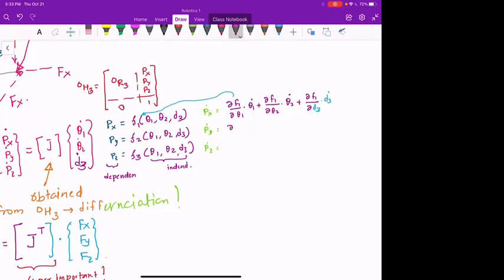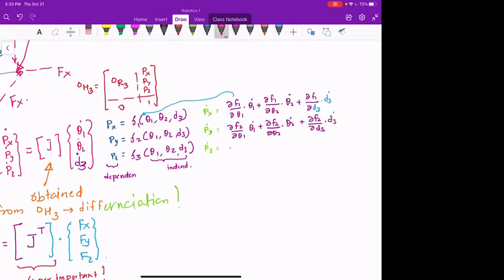Same thing is going to be partial f2 partial theta 1 dot plus partial f2 partial theta 2 dot plus partial f2 partial d3 dot.